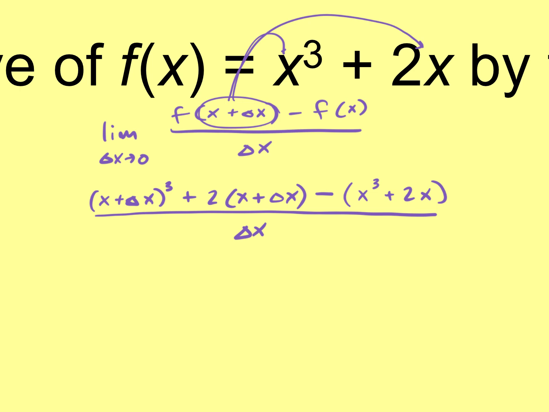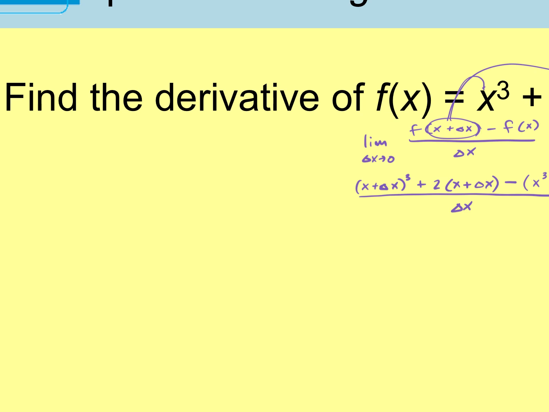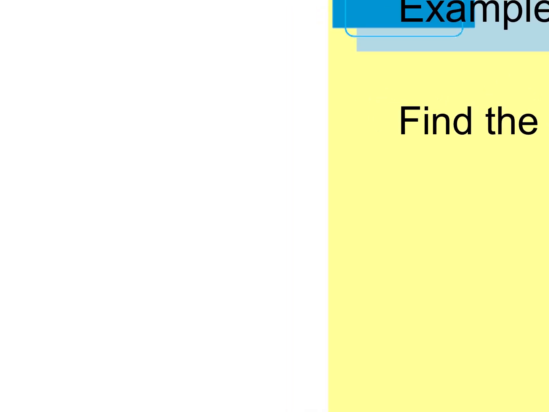Let's simplify. So x plus dx cubed, you can write it 3 times and FOIL it all out if you want. Or we could use our Pascal's triangle shortcut if we remember. So Pascal's triangle, we start with a little triangle of ones. Then we add the 2 numbers above it. Each row is going to start and end with a 1. So 1, 2, 1.